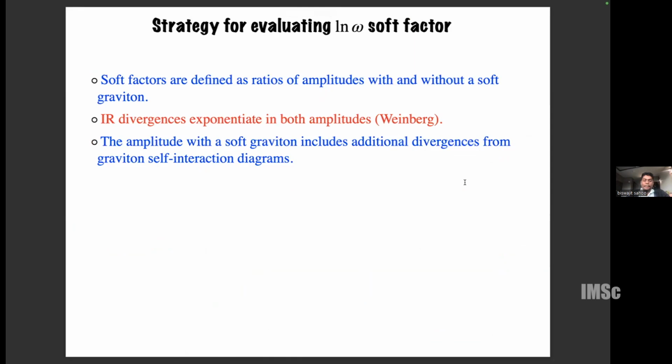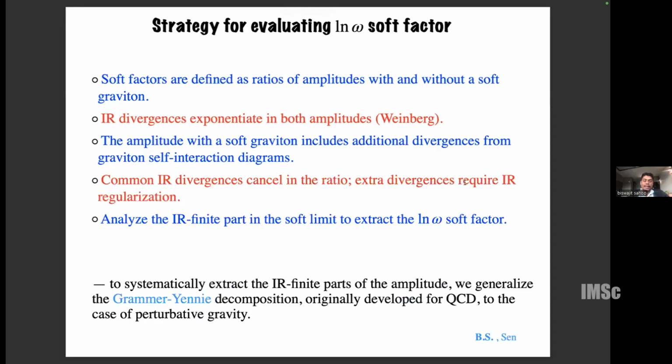However, the amplitude which contains the extra soft graviton includes some additional divergence compared to the diagrams which do not contain this external graviton, due to some self interactions between the gravitons. So I have to take care of all these issues, and then finally, while deriving the soft factor, you have to take the ratio of the two amplitudes, cancel out this IR divergence, and regulate this extra divergence that appeared in the Feynman diagrams associated with the scattering amplitude with the external graviton. And then finally carefully analyze the IR finite part and then take the soft limit.